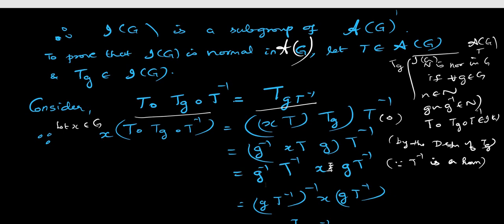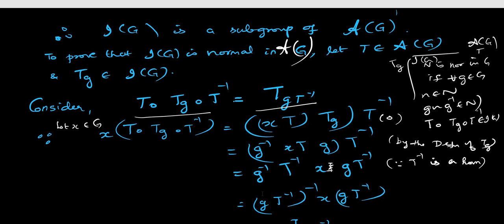Now here we are going to rewrite this as (g T inverse) the whole inverse, and these remain as such. We will establish why the image of g inverse under T inverse is nothing but the inverse of the image of g under T inverse. That will be established.